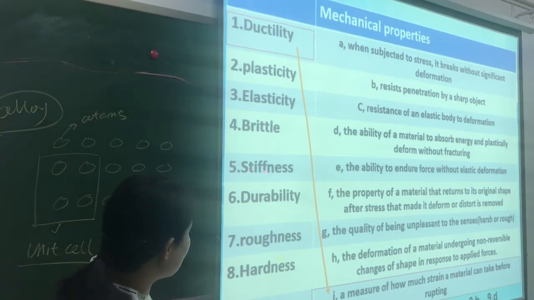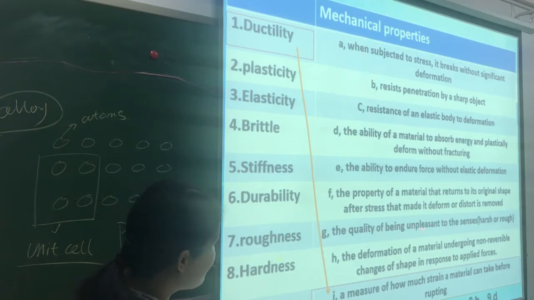Stiffness is the resistance of an elastic body to deformation. Strength is the ability to endure force without elastic deformation. Hardness is the resistance to penetration by a sharp object. And toughness is the ability of a material to absorb energy and plastically deform without fracture.